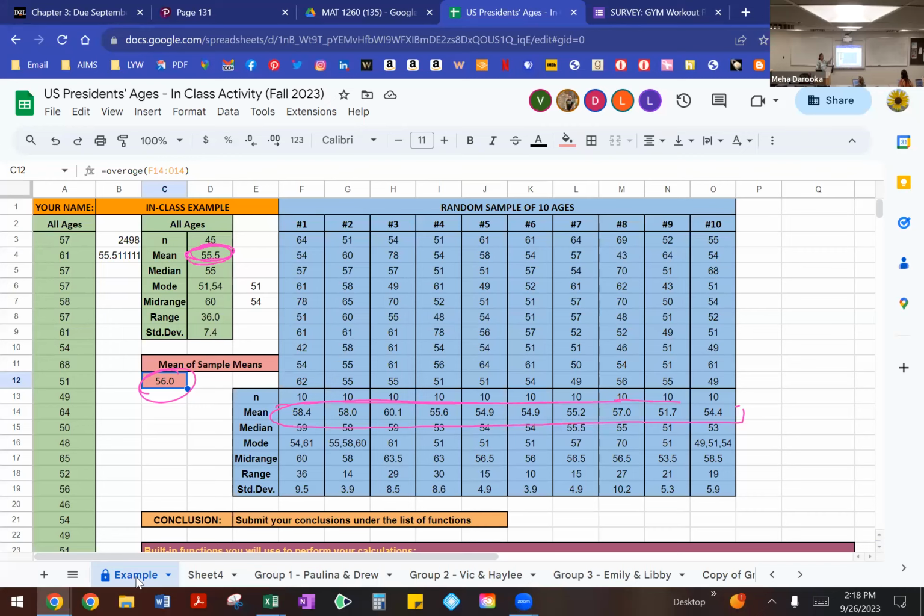Kind of like we were talking about, if we were using our state as our background, maybe we did this around Denver metro area, but then we're like, no, let's move to the western slopes and maybe do the experiment there, and you may get a different result. So if you shift from area to area or change your sampling, sometimes you can see your results will change. So that can be that maybe just the way your samples came out, they are turning out to be a little bit lower in that mean of sample means than what our population mean should be.